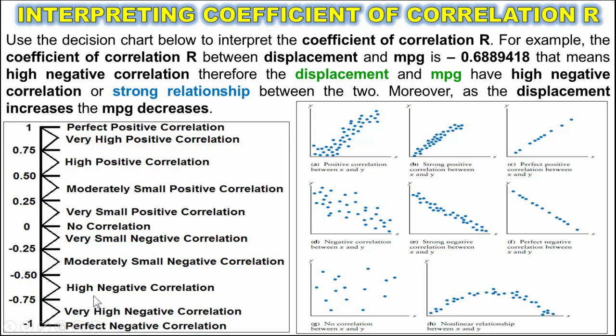That means high negative correlation. Therefore, the cylinder displacement and miles per gallon have high negative correlation or a strong relationship between the two. Moreover, as the displacement increases, the miles per gallon decreases.